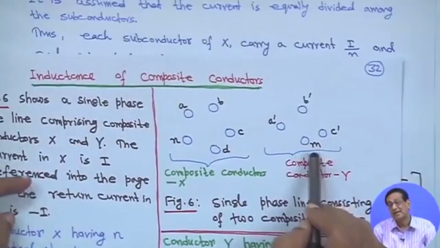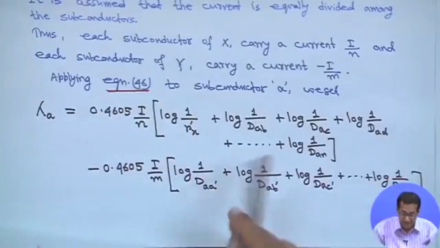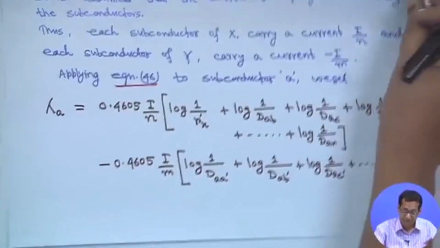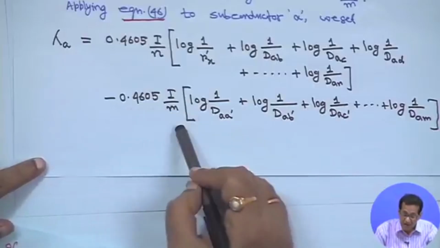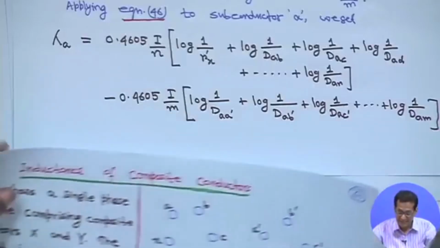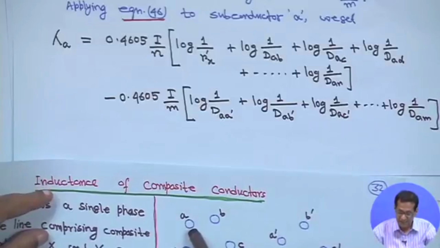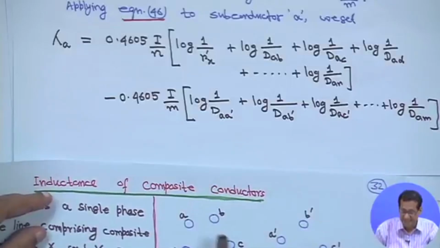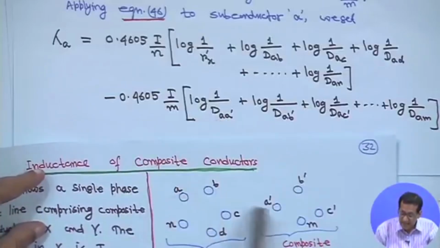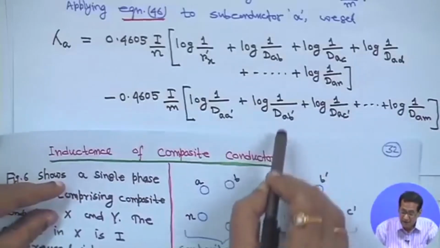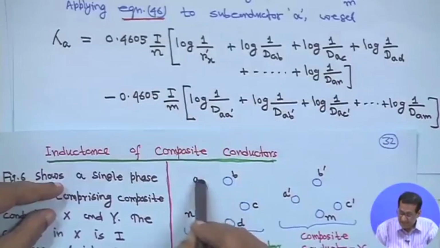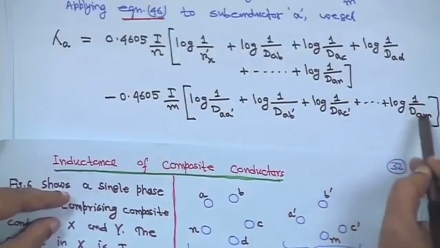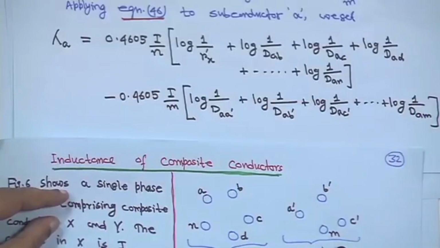Now the next one is the return path, whose current is minus I by m. So the next term is minus 0.4605 I by m, then log 1 upon daa dash, that means the mutual distances, then log 1 upon dab dash, log 1 upon dac dash, up to log 1 upon dam dash.